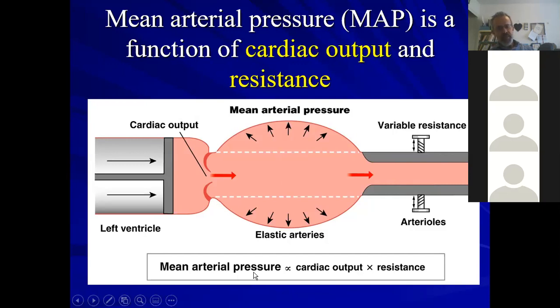So what does this mean? Arterial pressure is going to increase if the blood flow from the heart into the artery increases, and also if you reduce the outlet. So you're putting too much pressure.